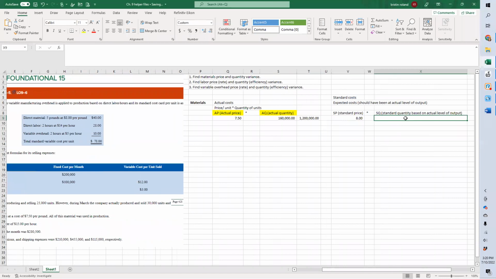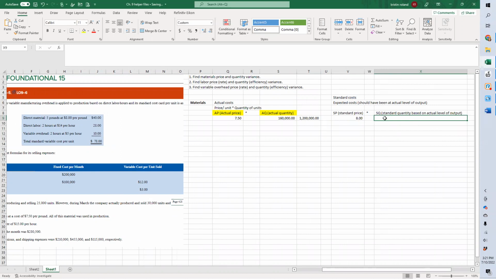And then the standard quantity. So what amount of materials do we expect to use based on our actual output? So this says for 1 unit of output, we expect to use 5 pounds. But how many units did we produce? We produced 30,000 units.